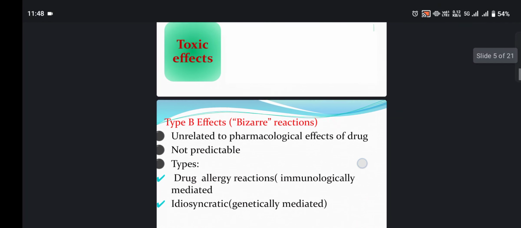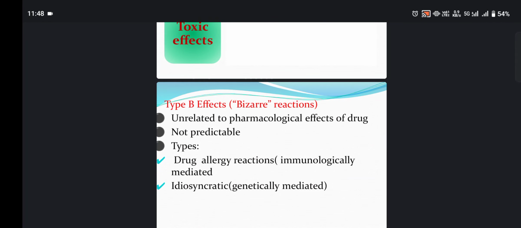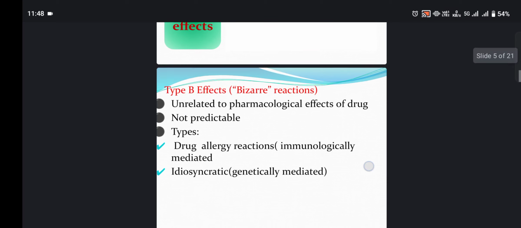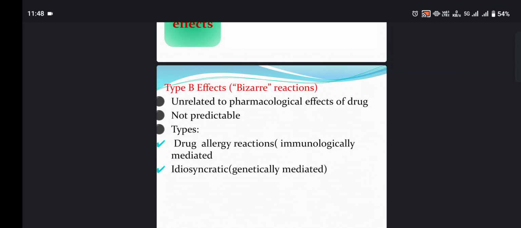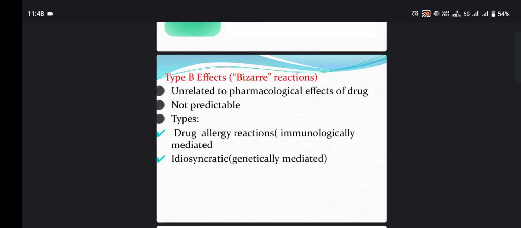Next comes the type 2 or type B effects, that is bizarre reactions, which are unrelated to the pharmacological effect of a drug. They do not depend on the pharmacological effect, and they are not at all predictable. Doctors are not able to predict the condition.